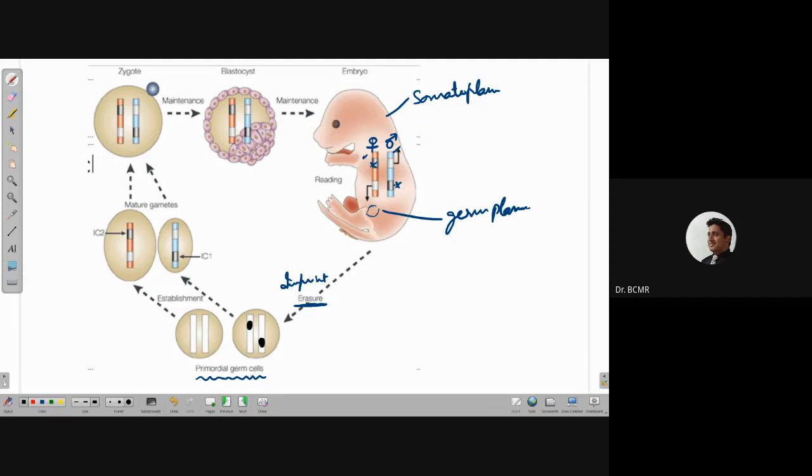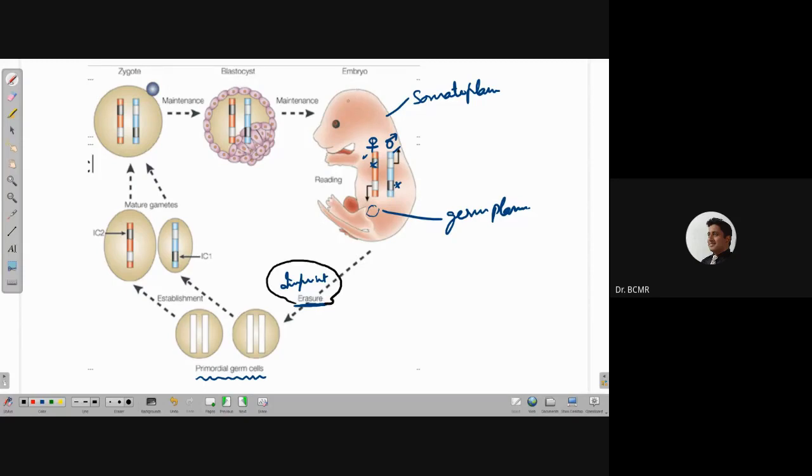In primordial germ cells, when I say this is imprinted, it means it is actually methylated, so it is repressed. Erasure means all of it will be demethylated. They will erase it. Now there is no methylated DNA as a part of imprints anymore. So that is called imprint erasure.